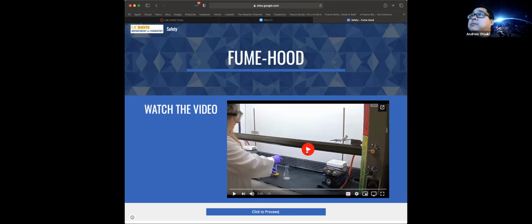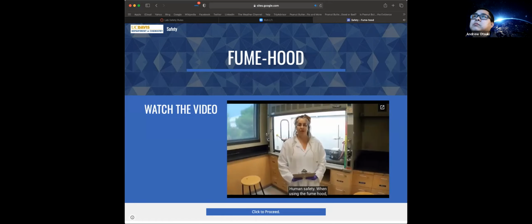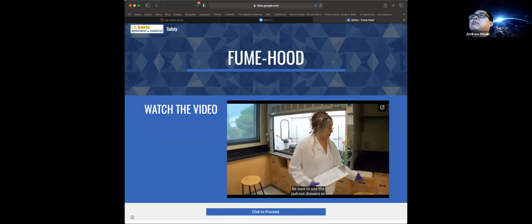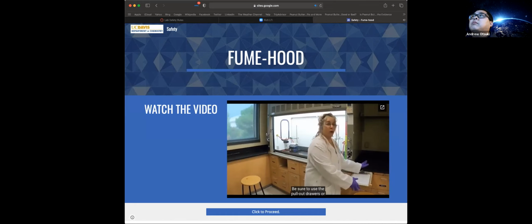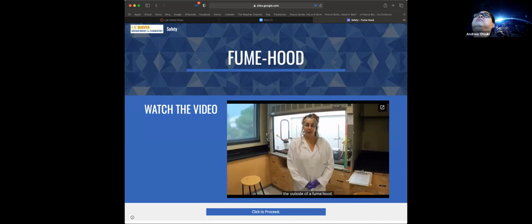Okay, this one's short. All activities in which toxic gases or vapors are used or produced must be carried out in the FUME-HOOD. FUME-HOOD safety. When using the FUME-HOOD, do not place your lab notebook inside the FUME-HOOD. Be sure to use the pull-out drawers or the side counters on the outside of the FUME-HOOD.